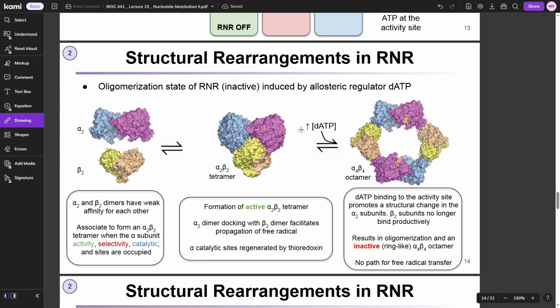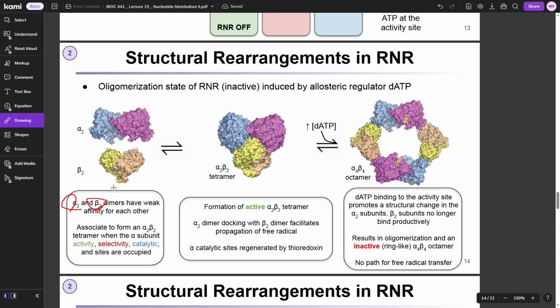Here we've just got the structural rearrangements and stuff like that for RNR. That's pretty much all there is to it here. I mean, originally, the alpha-2 and the beta-2 dimers have weak affinity for each other. So they don't really bind under normal conditions.